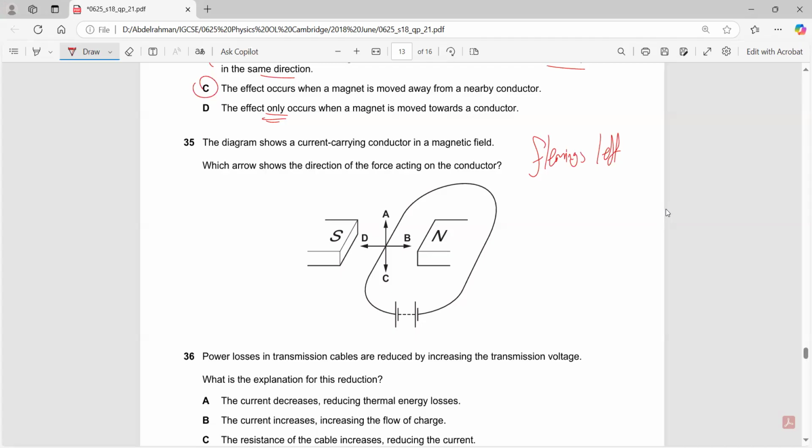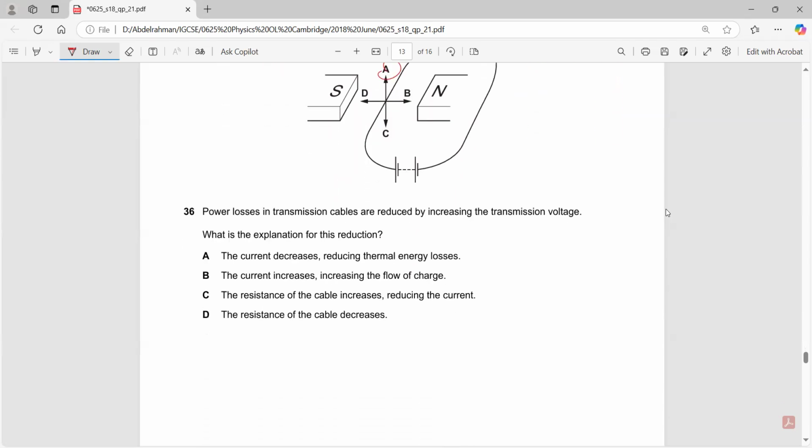The middle finger, or second finger, points into the page. Therefore, the thumb, which is the force on the wire, would be upwards. A.